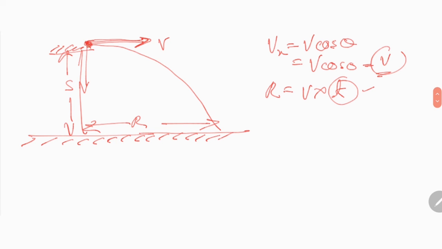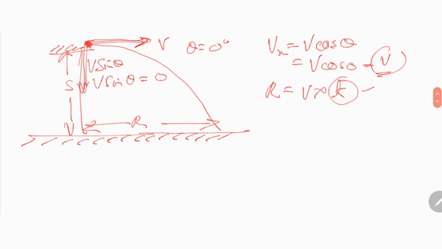Along the y component, initially the ball is at a speed of v sine theta, right? And what is theta? Theta in this case is 0 degrees. Therefore, v sine theta will be equal to v sine 0, which is equal to 0.